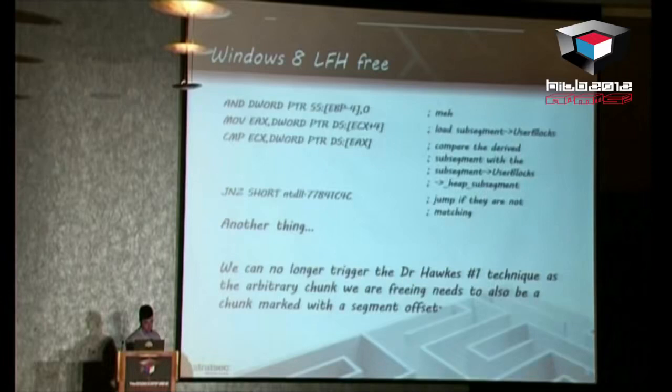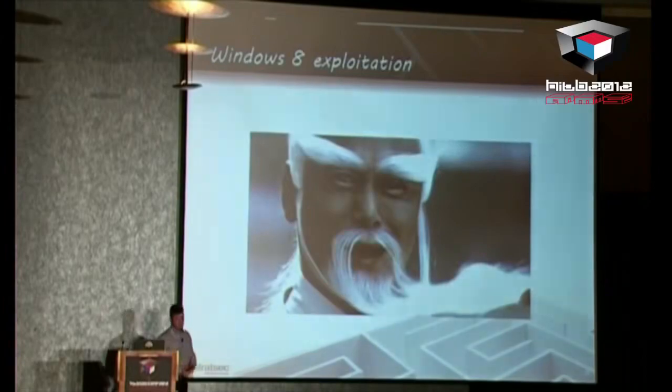But now we'll have a look at possible exploitation on Windows 8. I say possible because it's still very hard to get 100% reliability, or at least some level of reliability that I would call fair, from our point of view. Originally when I was playing around with this heap manager, I was looking at what members I can control, and as we saw, we could possibly control a couple of members out of the user blocks.